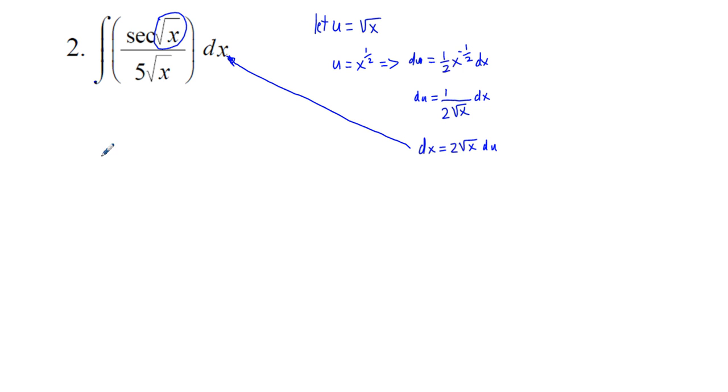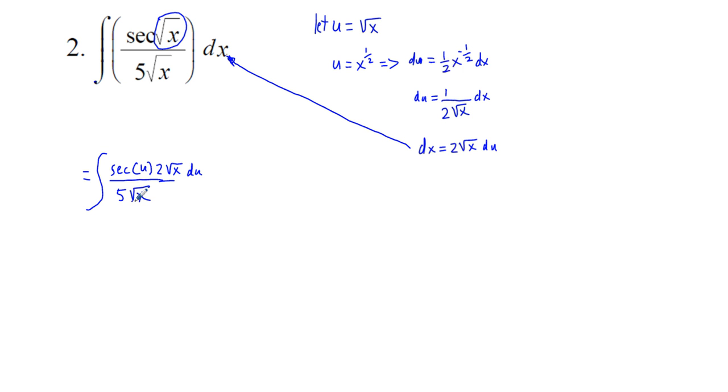Okay, so now just bringing this down, we have the integral of secant u, and then we have in the denominator 5 square root of x, and then we're replacing dx with 2 square root of x du.